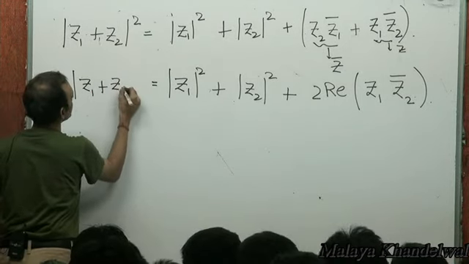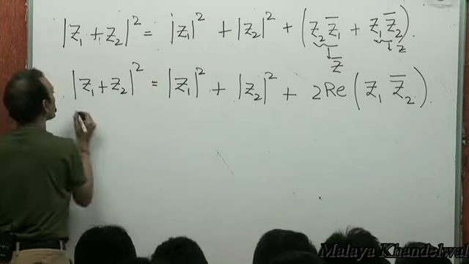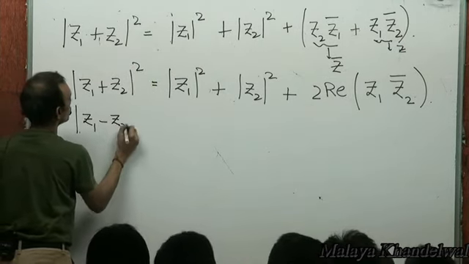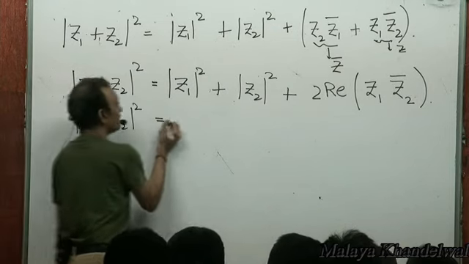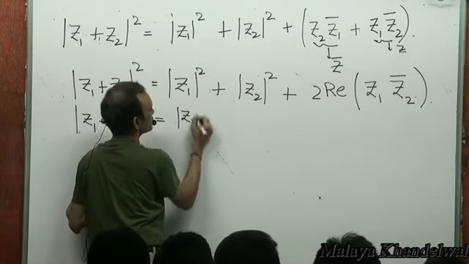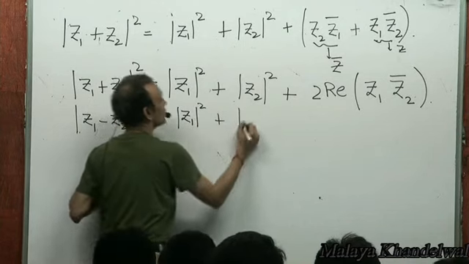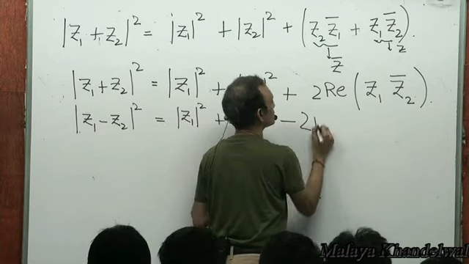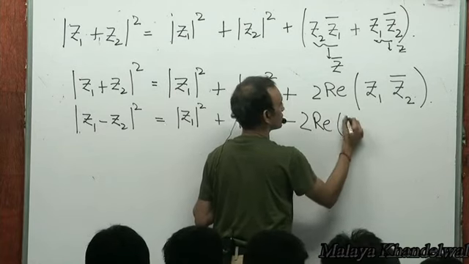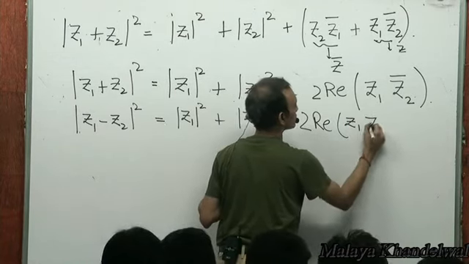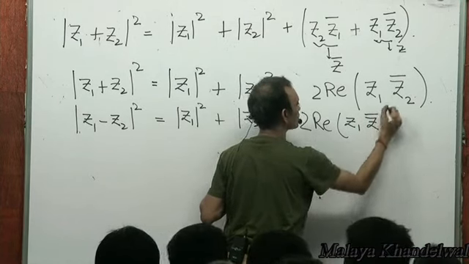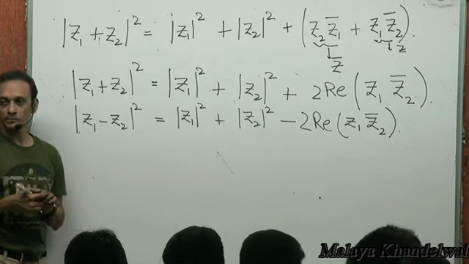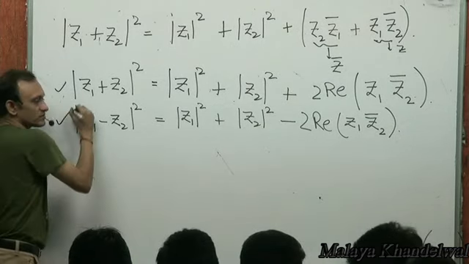Similarly, we could have established mod of z1 minus z2 whole squared, the same way you can show, is equal to mod z1 squared plus mod z2 squared minus twice real z1 z2 bar. Right? These two are useful algebraic results.